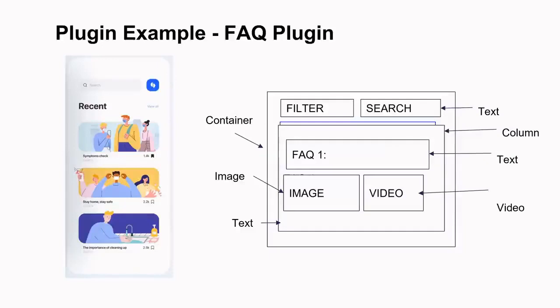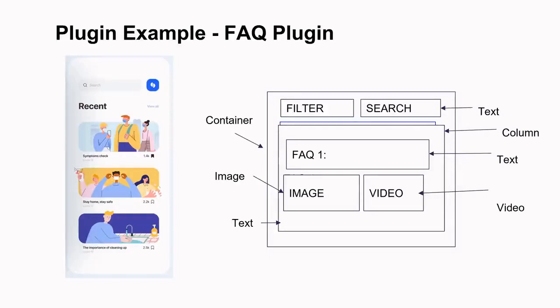What I mean by plugin is, you know that this framework has predefined code. We call that widgets or components. These are reusable code sets, but they are general purpose. For example, they have a text widget, a column widget, a video widget, like that.